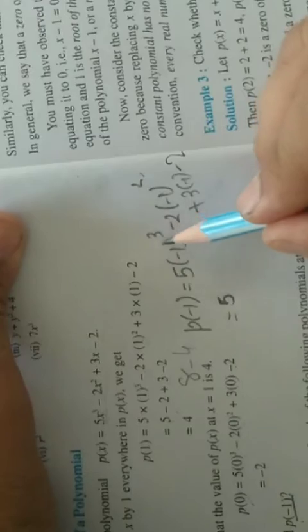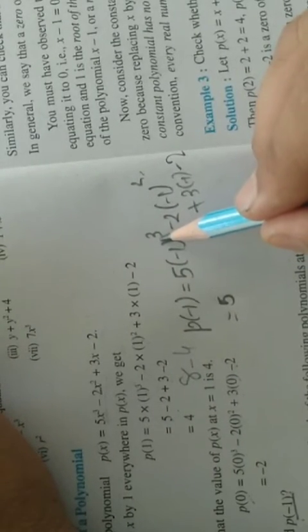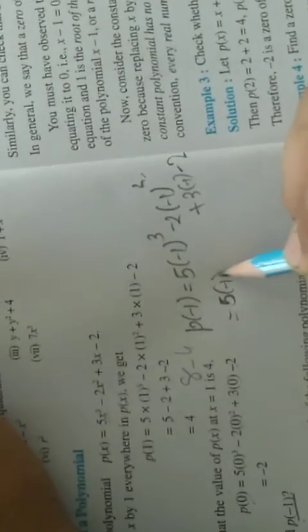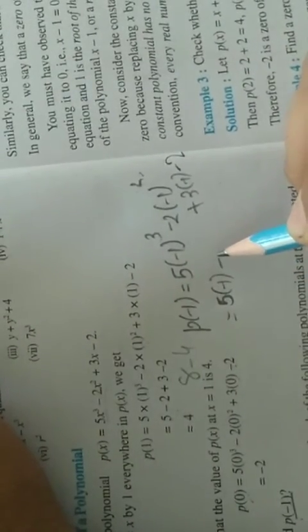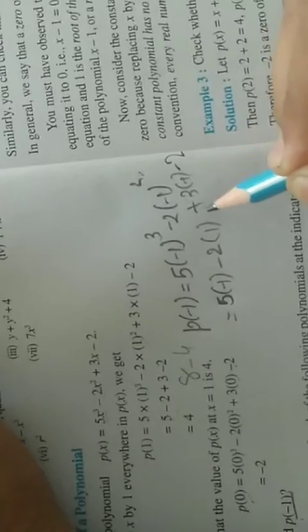Minus 1 is here, the minus sign is there and the power is odd, so the answer is minus 1. 2 power is even, so the answer is 1. 3 times 1 is 3, but with the minus it is minus 3, and minus 2.